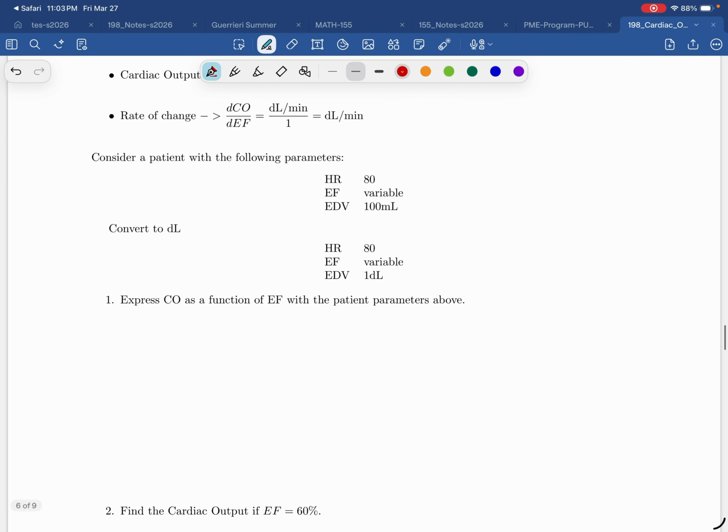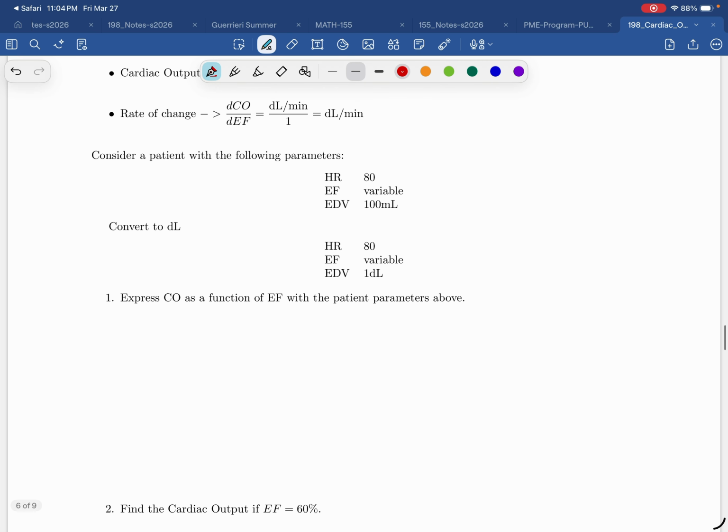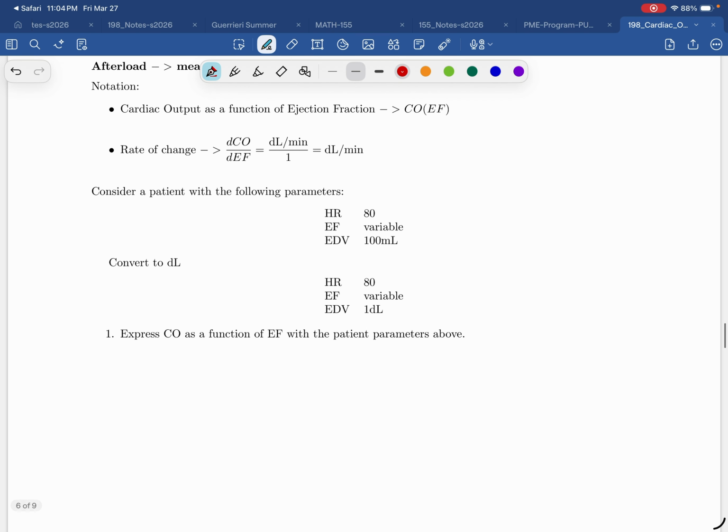All right. Let's take a look at one more example. Maybe I'll do one more. We're going to express cardiac output now as a function of ejection fraction. Remember, ejection fraction is effectively dimensionless. It's a percent, but it's not really a unit. It's not like milliliters or beats per minute.